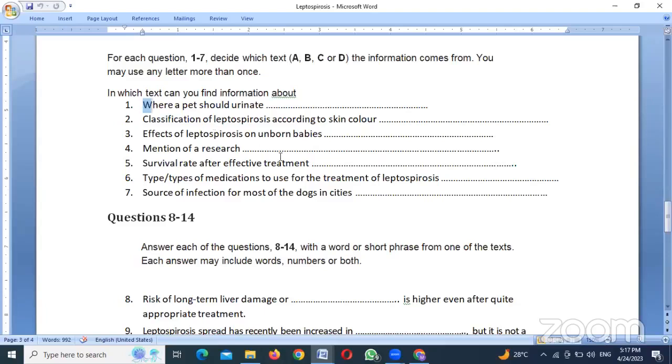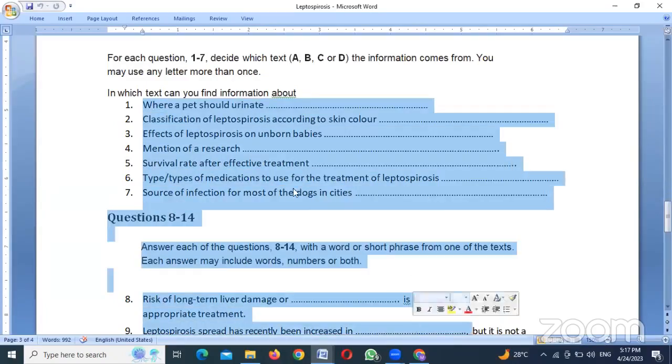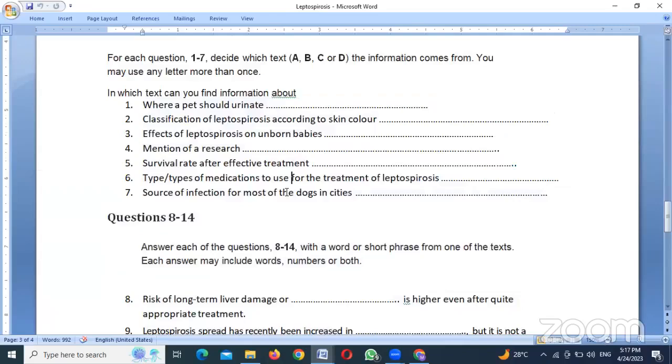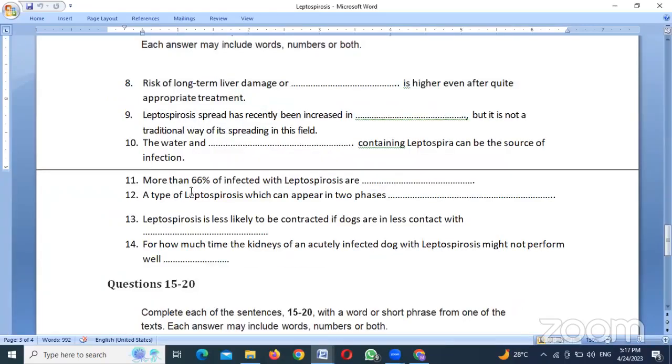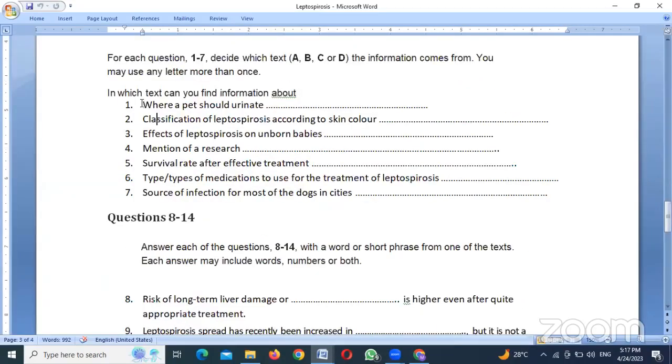Try to find what is better for you. For this class, we will go in chronological order, in sequence.